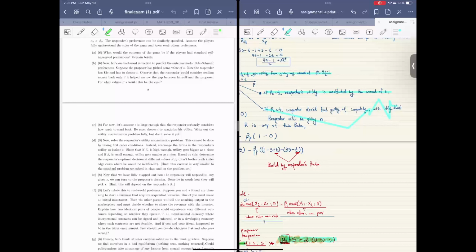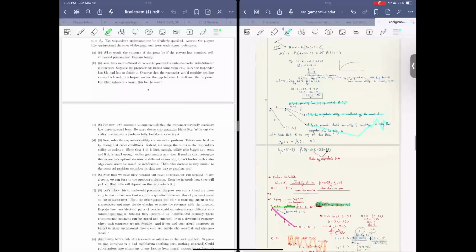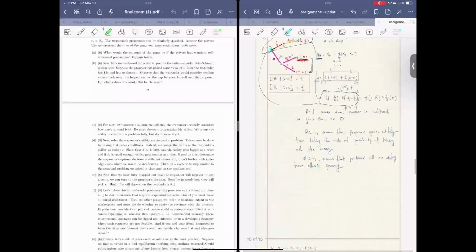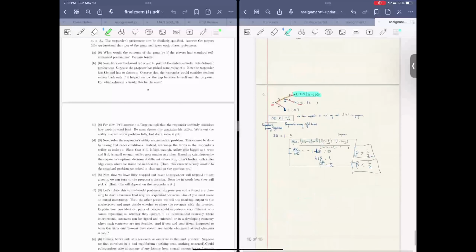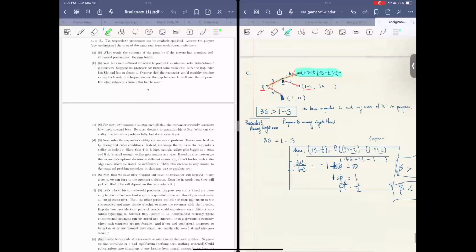But if it's less than half, the responder doesn't feel guilty about inequality. So they will likely give 0, giving you nothing in return. Right.